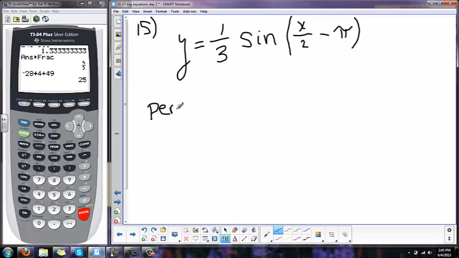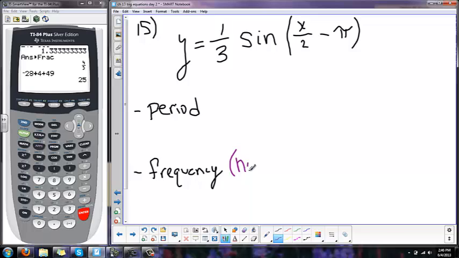Now there were 2 different words that a lot of kids were getting confused in that unit. There was period and there was frequency. Frequency in the English language means how many.